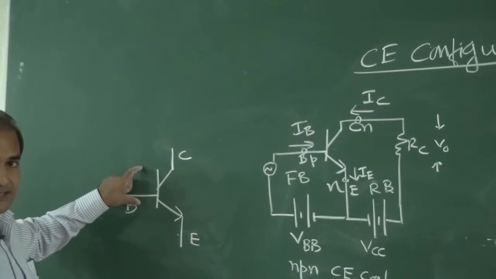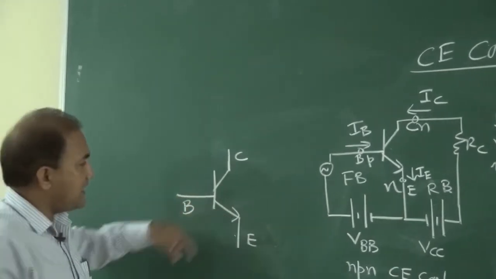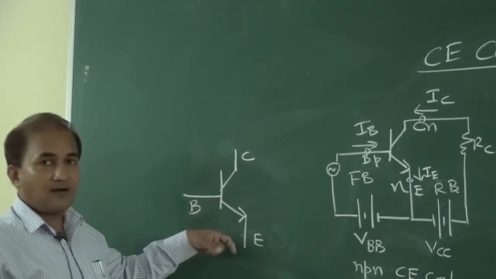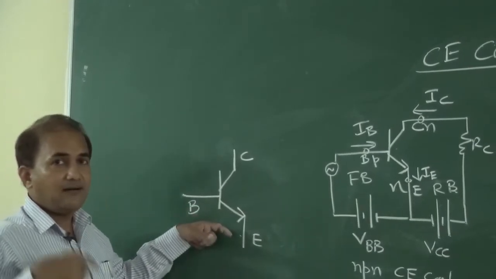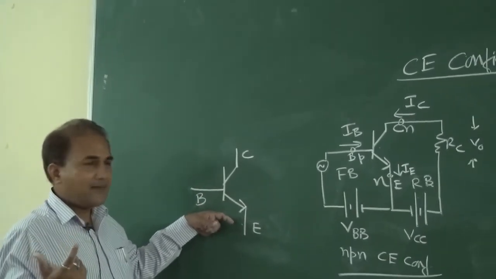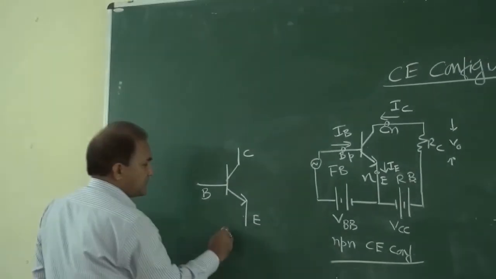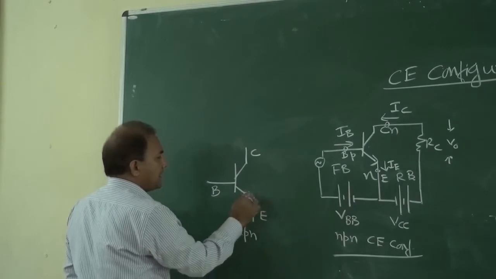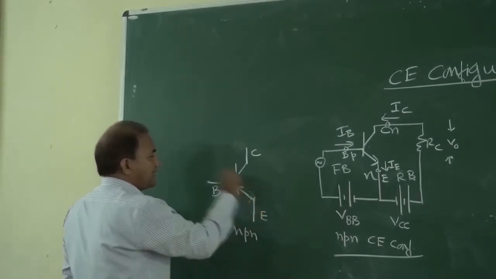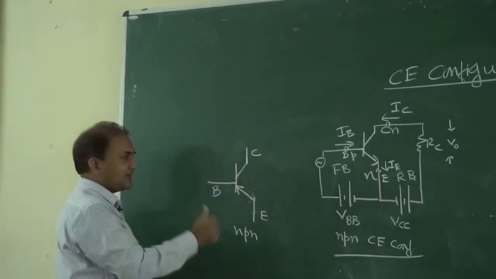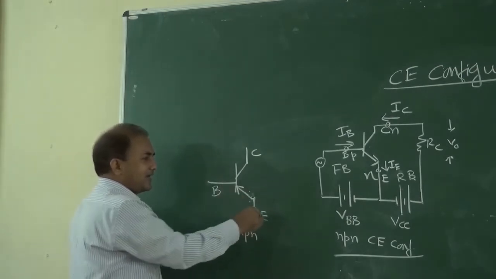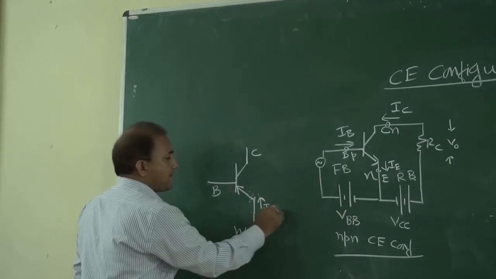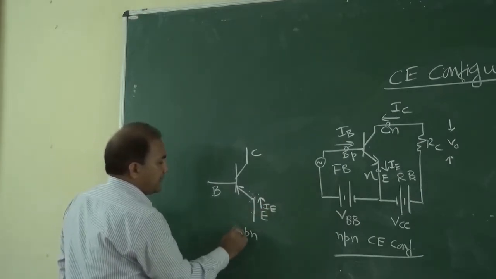The arrow signifies the direction of emitter current, or conventional current. For PNP, the arrow will look like this, so the direction of IE will be like this.